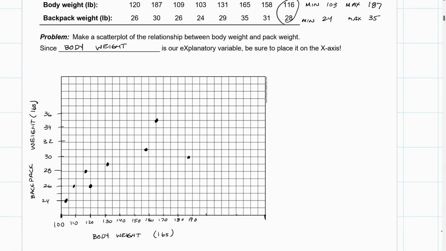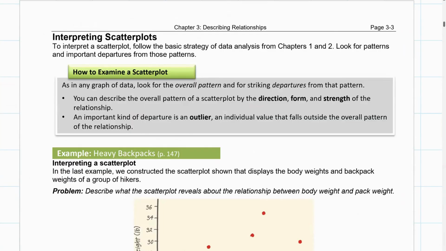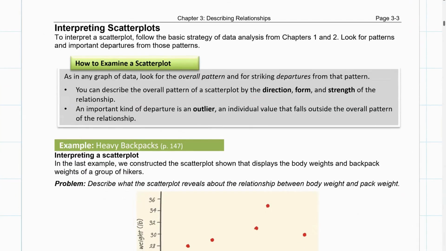Our scatter plot. And then what do we do with plots? Well, we try to make sense of data. When we have plots for distributions, we do things like shape, center, and spread. As we look at this particular data, we're going to have a new set of ideas to make sure that we interpret them in a way that the College Board likes.